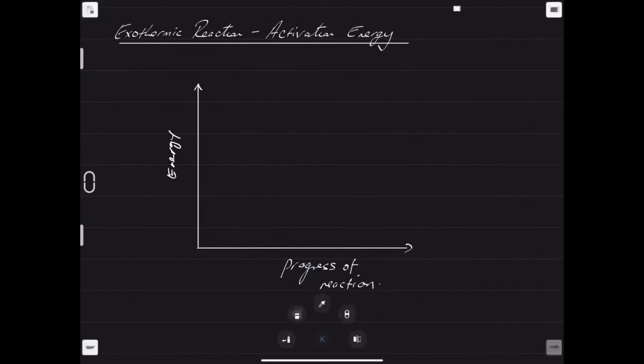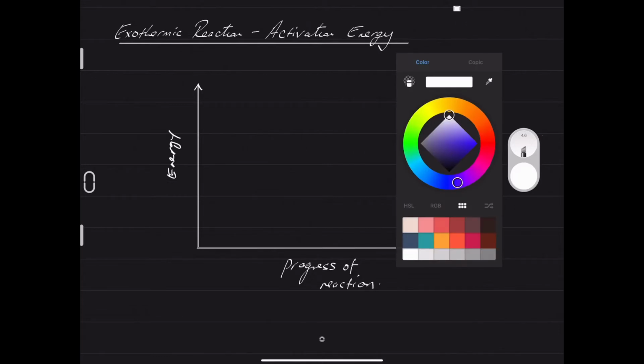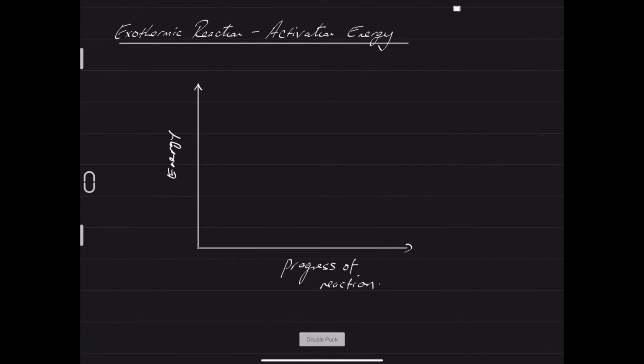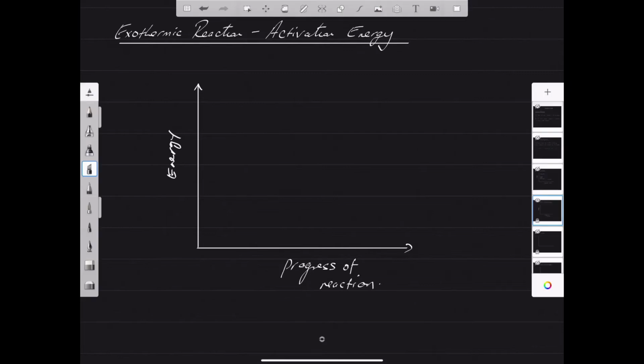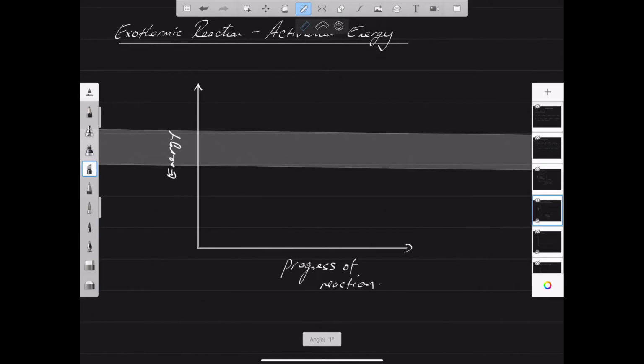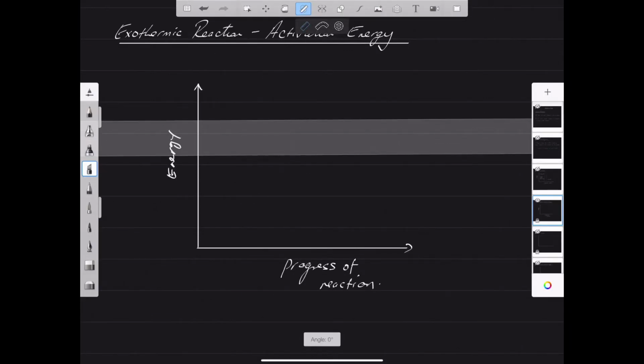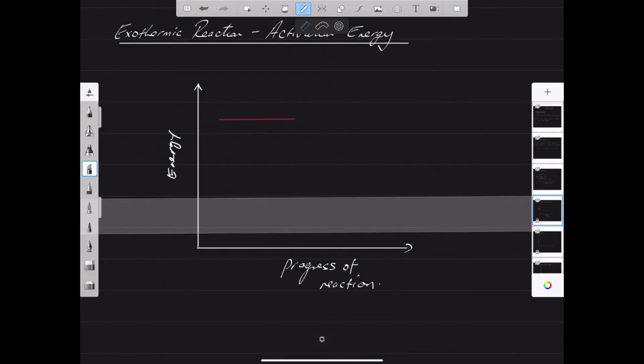Because this is an exothermic reaction, we have reactants and products, with the reactants at a higher energy level. Remember, for an exothermic reaction, reactants are at a higher energy level than the products.